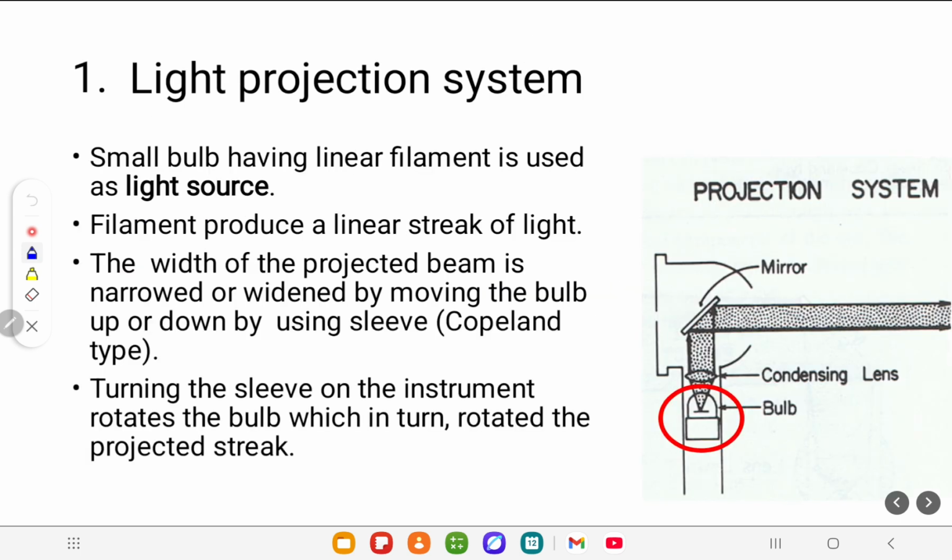See, the light projection system is really important. Whenever we talk about the light projection system, we are going to talk about the vergence, and about changing the vergence, like the plane mirror effect and the concave mirror effect. So don't get confused. There are mirrors. No, there are no mirrors. Yes, there are mirrors, but there are not two mirrors, like a plane mirror and another a concave mirror.